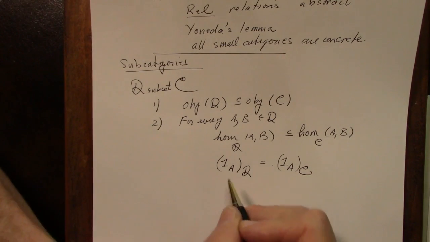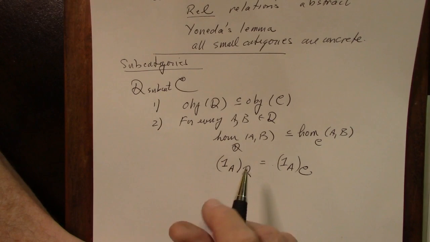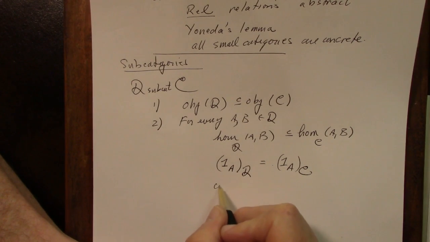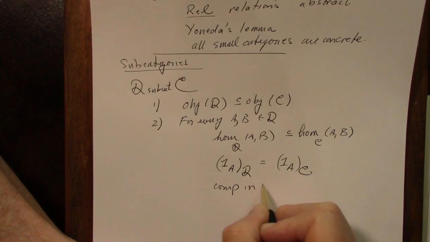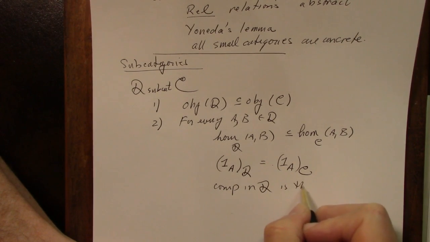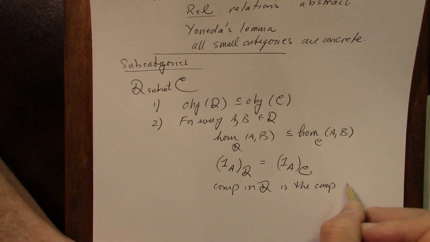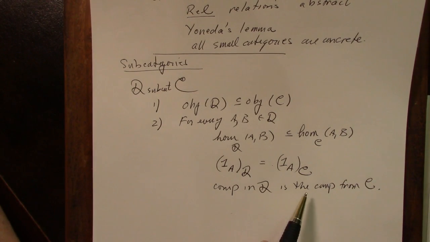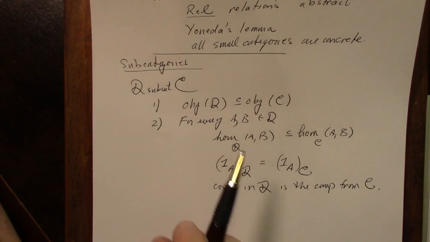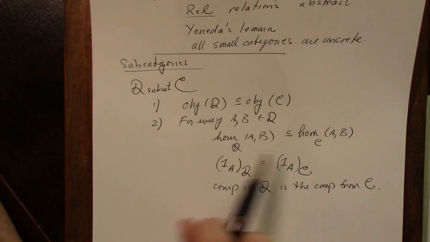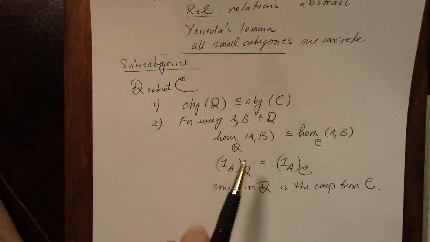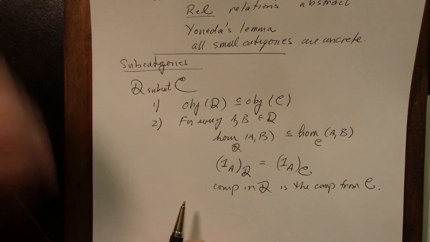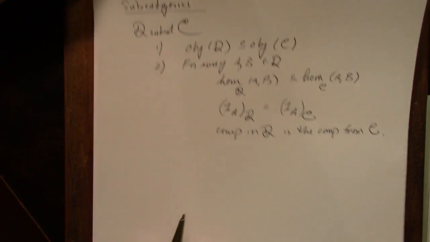And composition in D is the composition from C. So there's already a composition defined on the morphisms in D because they are morphisms in C, and that composition defines the composition in D. So that makes a subcategory.